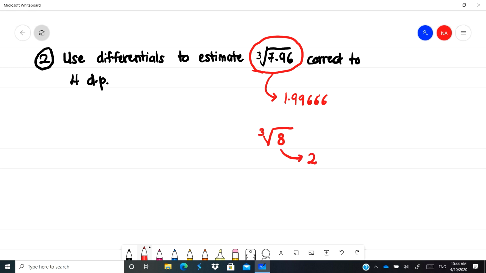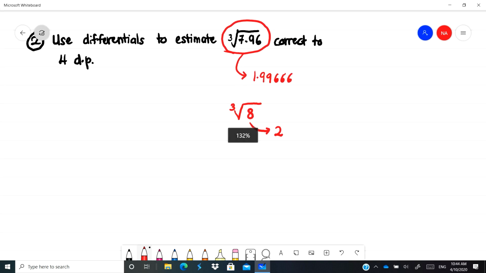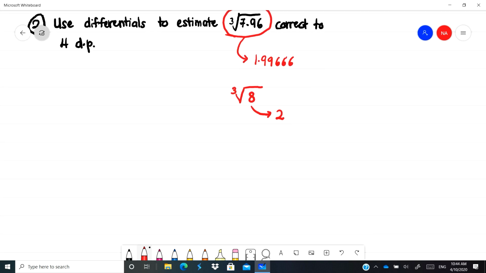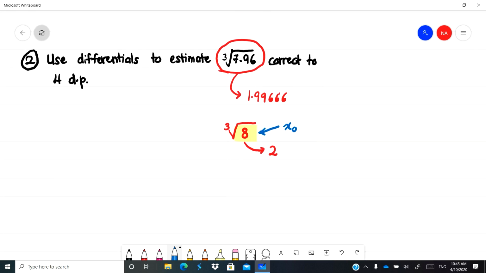So now we have to decide here. The initial value is x0, and the new value is x.